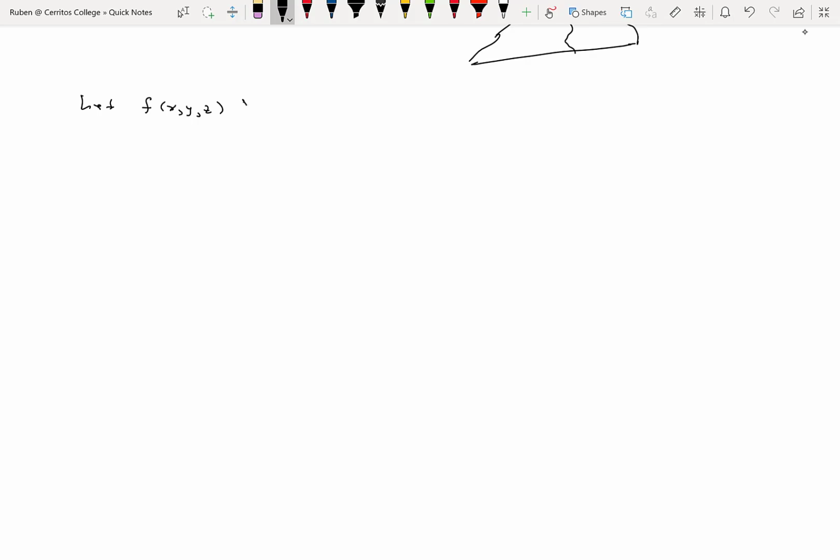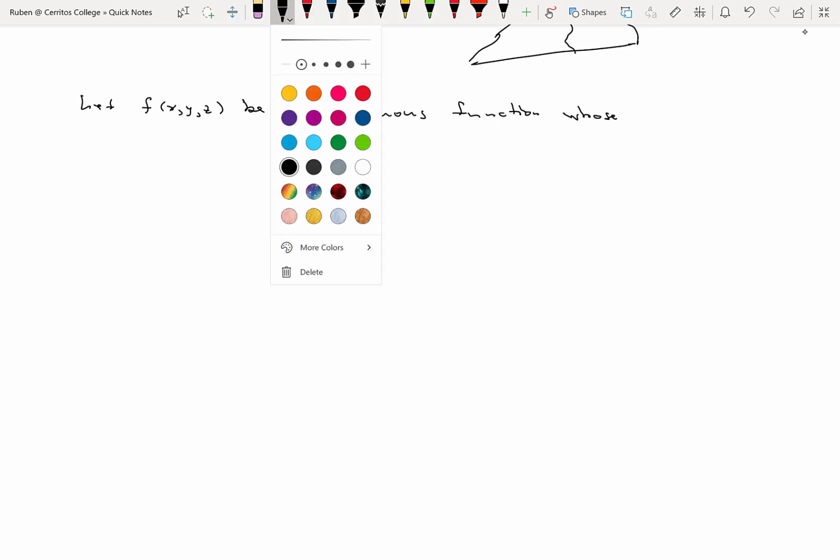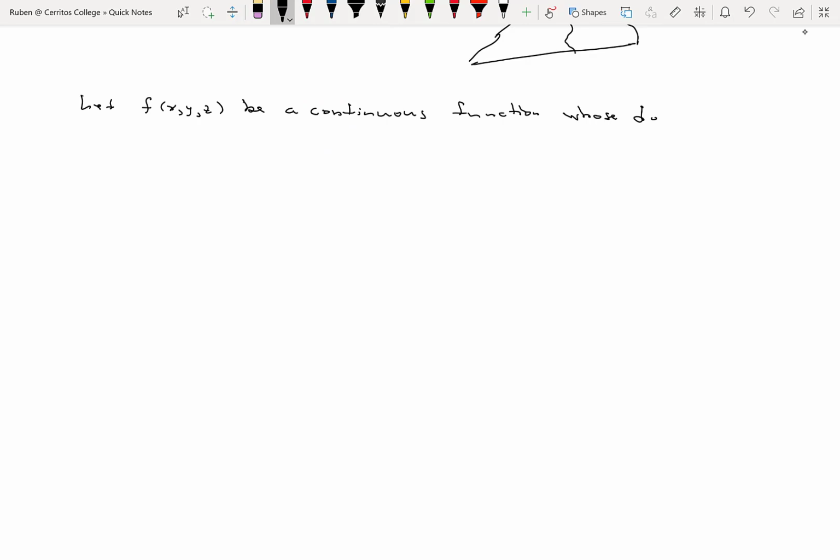Let f of x, y, z be a continuous function whose domain is the box B equals AB cross CD cross RS.